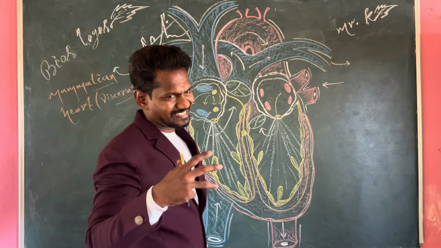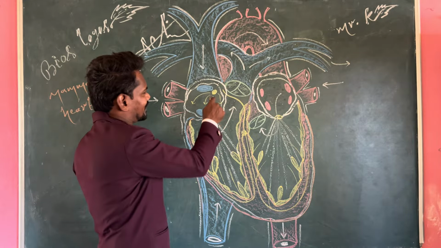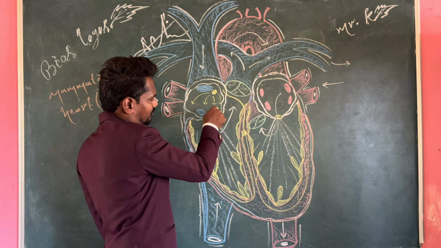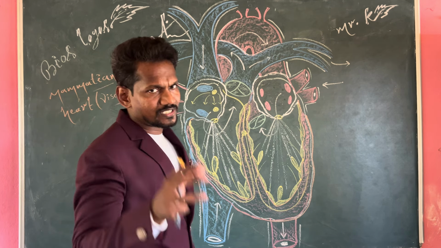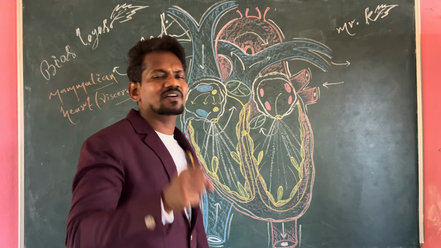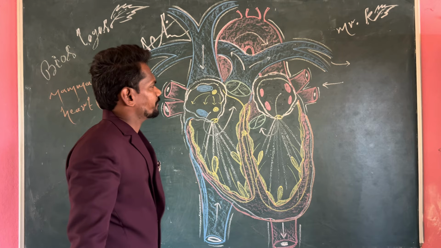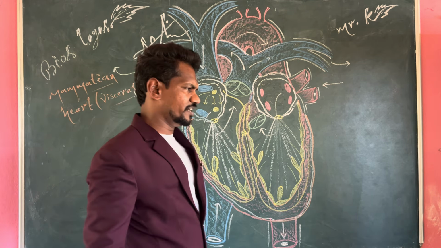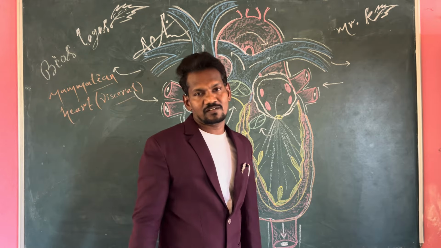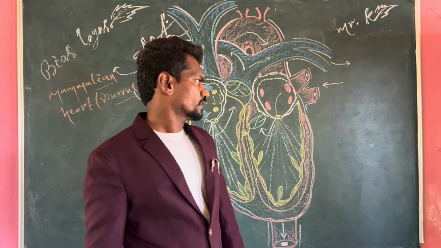Finally, they relay the electric impulse which is generated at SAN and reached to AVN, and from there vice versa. So likewise, the heartbeat is simultaneously maintained, because this is called myogenic heart. In some type of remaining organisms, neurogenic is observed, neuromyogenic also observed.